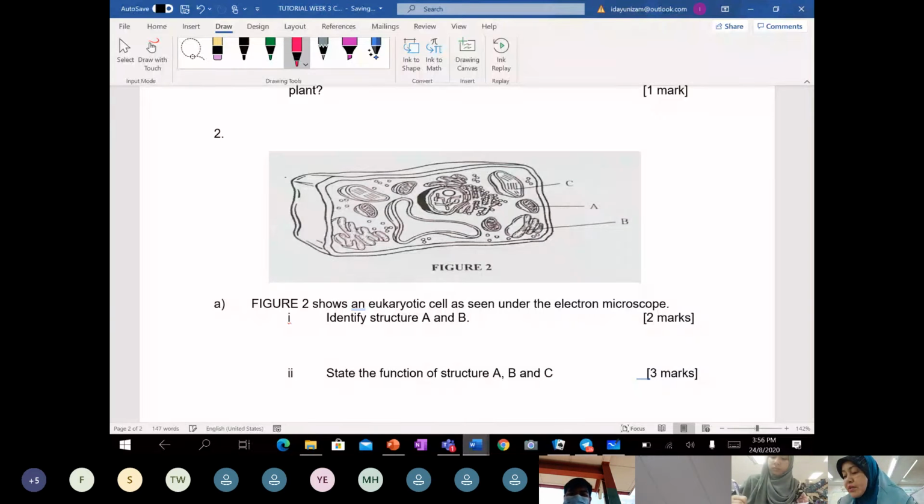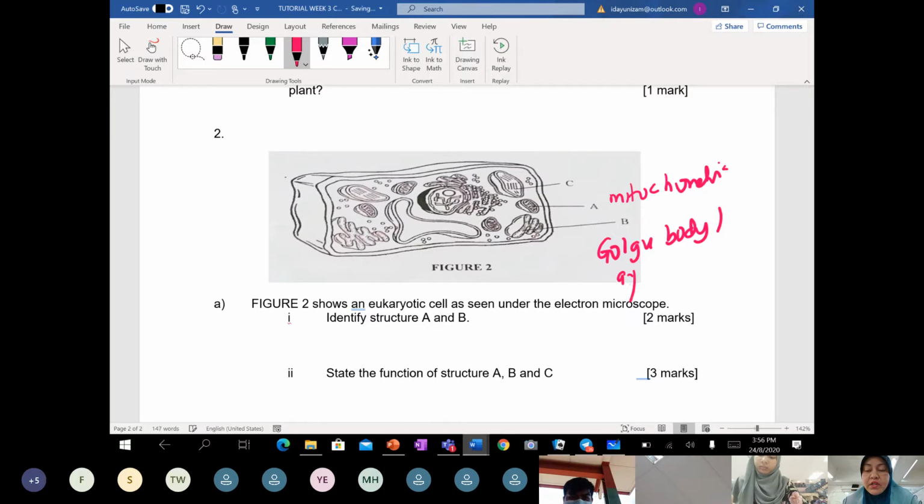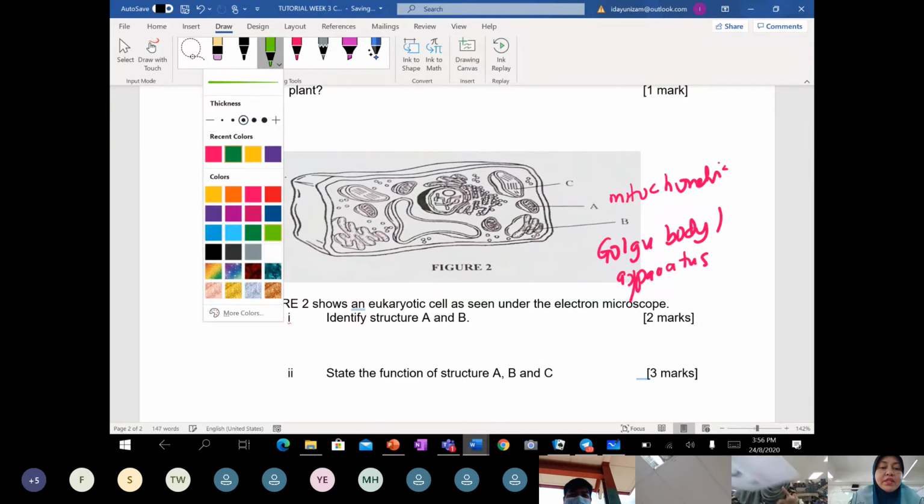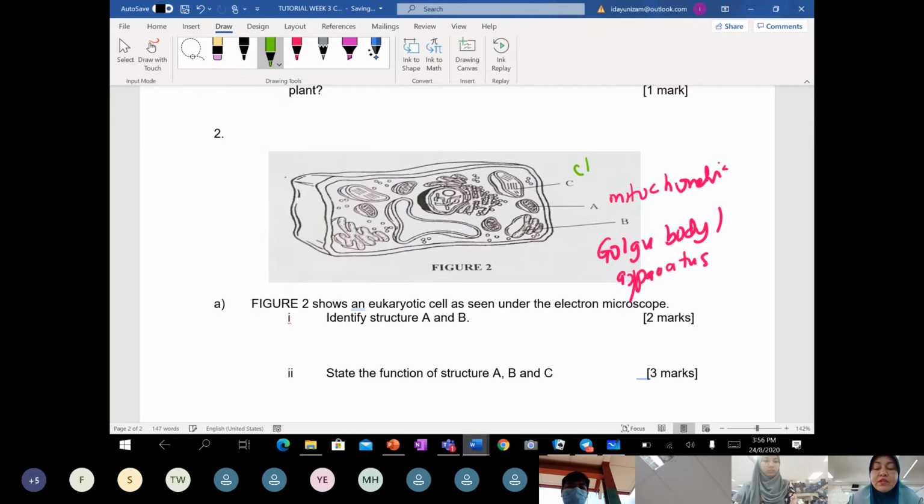Haikal, B? Golgi body. Okay, Golgi body or Golgi apparatus is also acceptable. And C is the chloroplast. Yes, good. C will be the chloroplast.